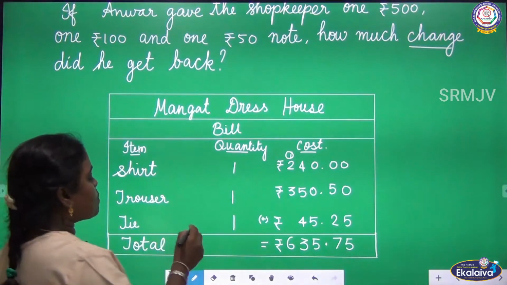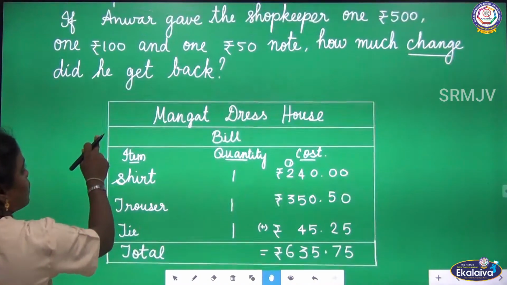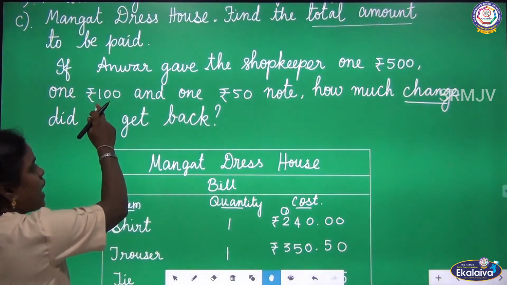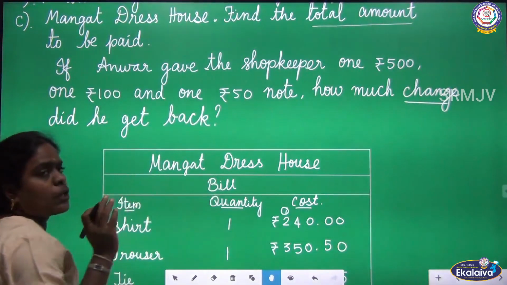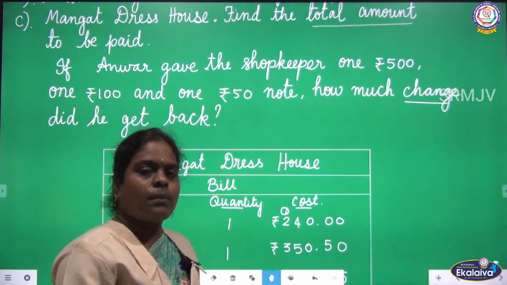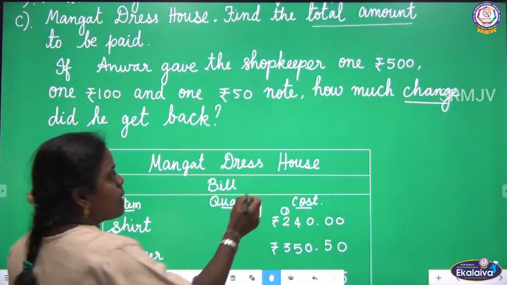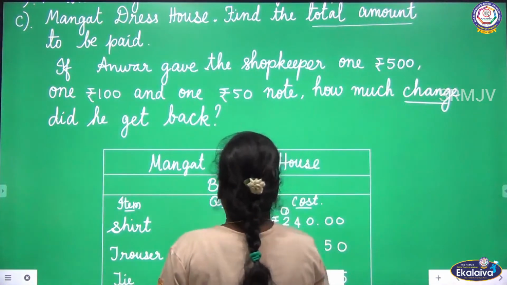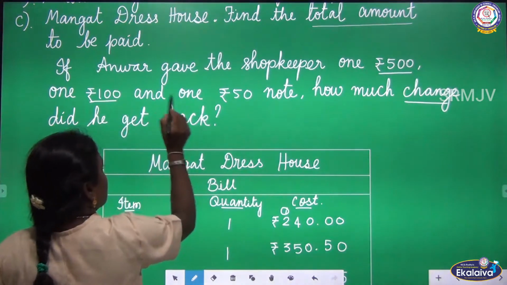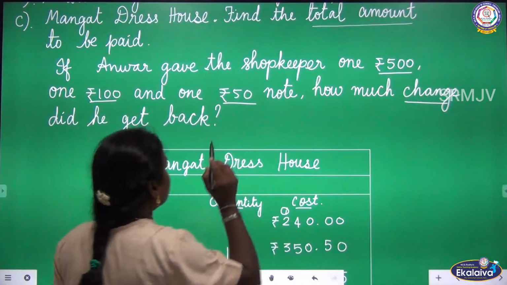Here he has paid the amounts as 500 rupee note, 100 rupee note and 50 rupee note. So let us find out the amount which he paid to the shopkeeper by adding these amounts: 500, 100 and 50.